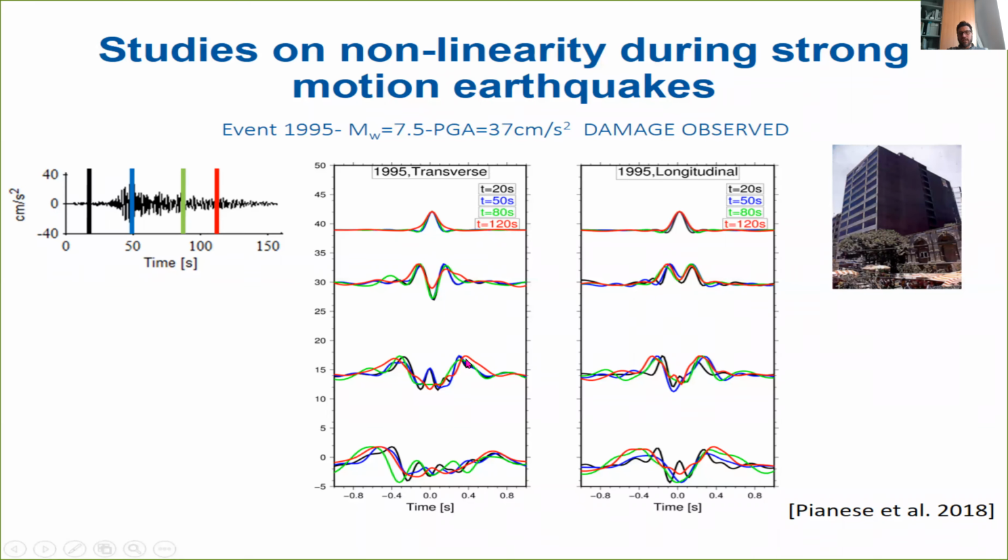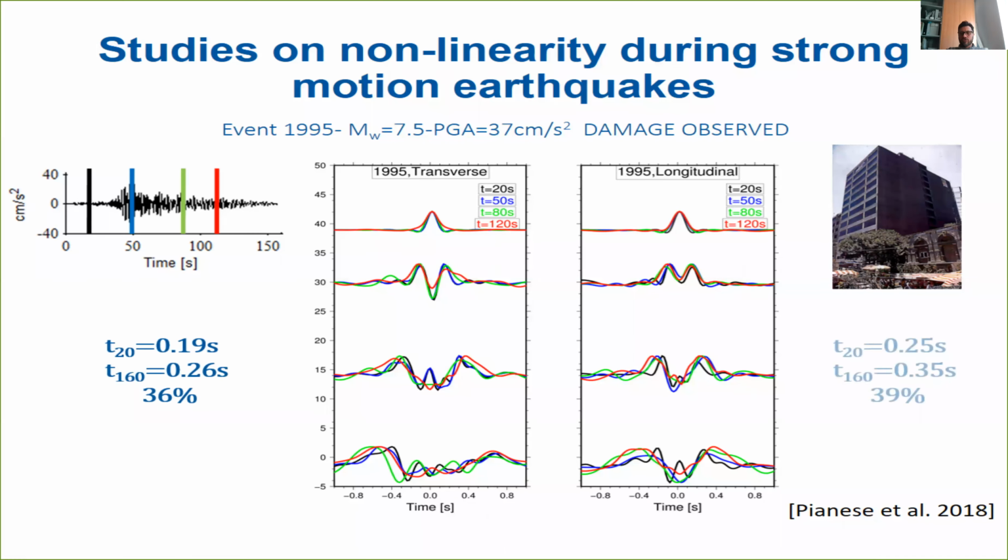You see that the time passing between the upgoing and the downgoing wave is increasing when I enter the coda of the seismogram. So it means that when I enter this later phase, the building is damaged and the waves propagating in the building take more time.